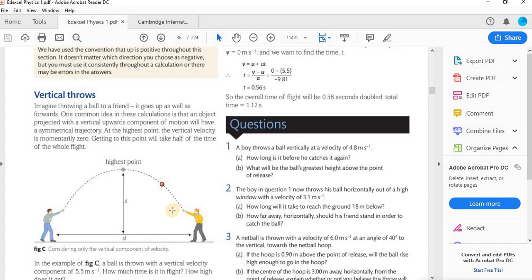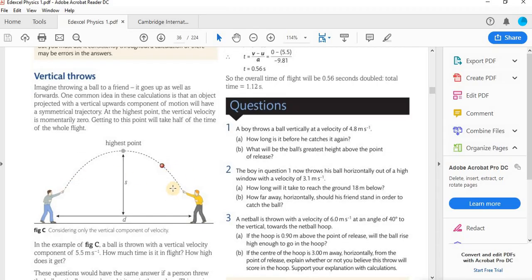The vertical component at the highest point is 0. You can see in the vertical direction at the highest point it's not moving, so it's 0. But throughout the motion, the horizontal component of velocity is the same.